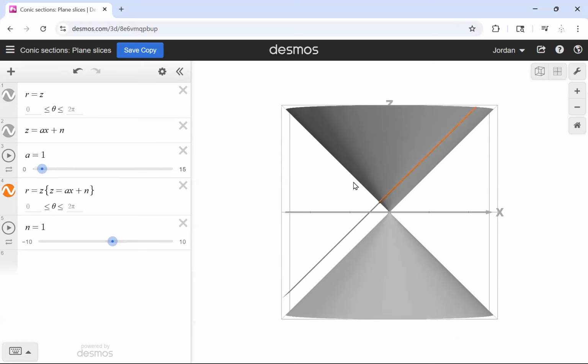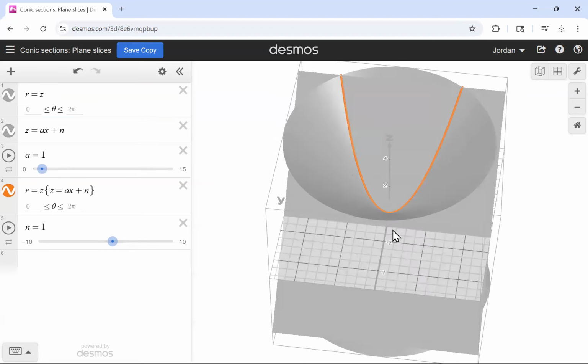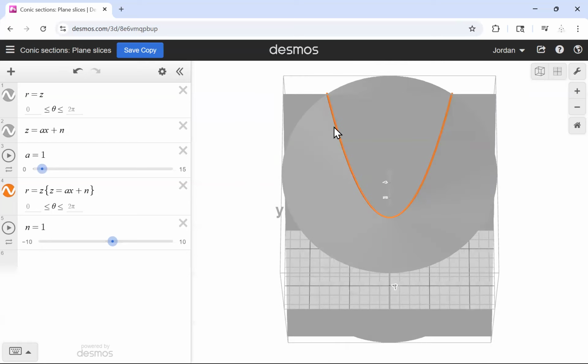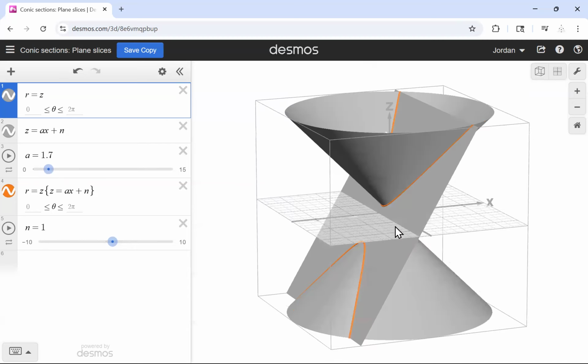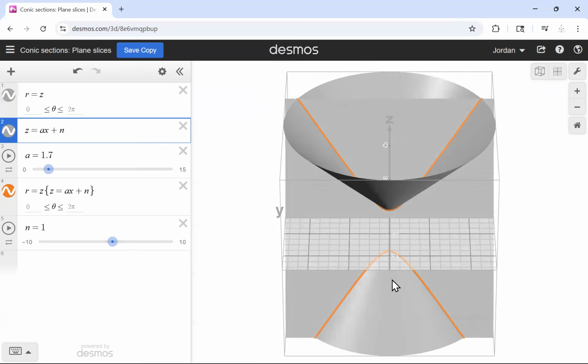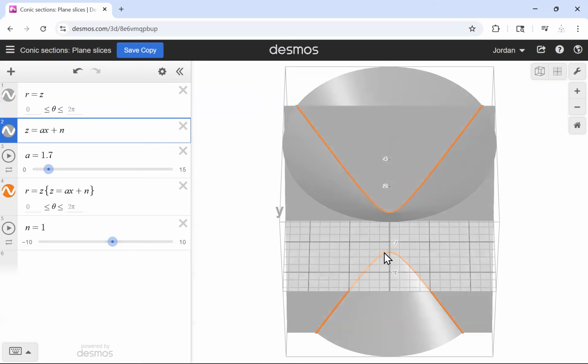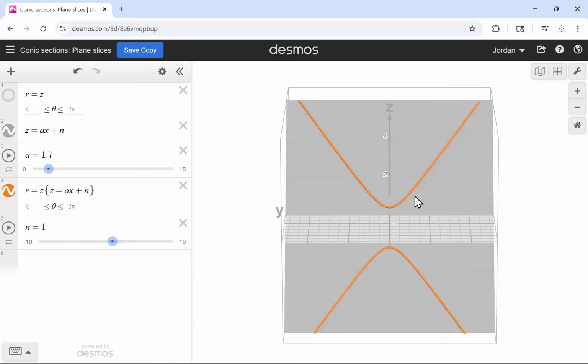When the slope is equal to the slope of the cone, that's 1 in this case, then we get our parabola. And if that slope exceeds the slope of the boundary of the cone, then we get this object, which is a hyperbola.